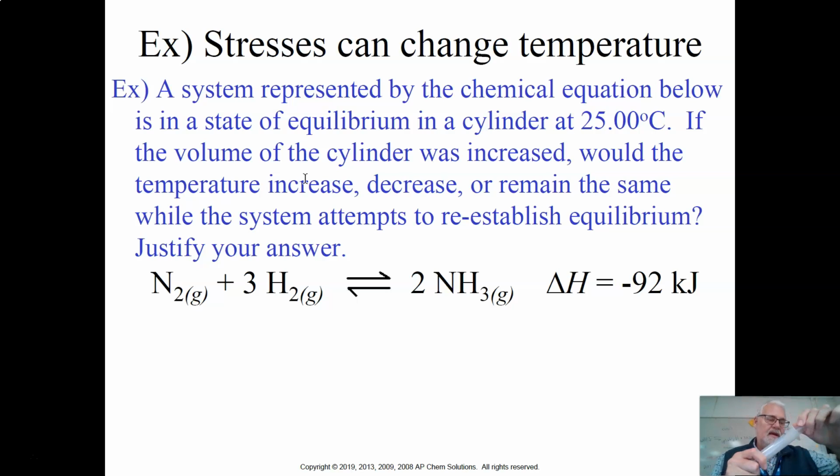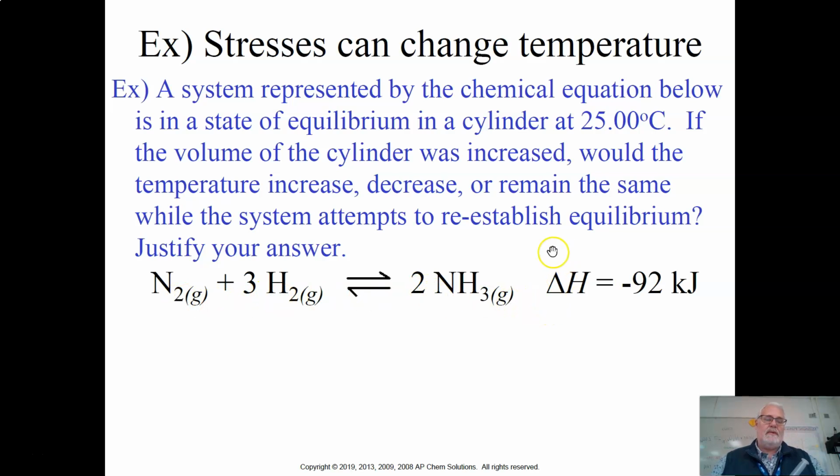So you're going to increase that volume, all right? And when you increase the volume, then it goes to the more crowded side, which is the reactant side, okay?